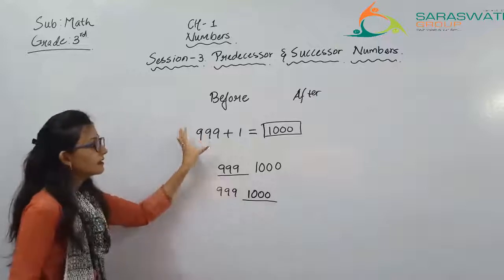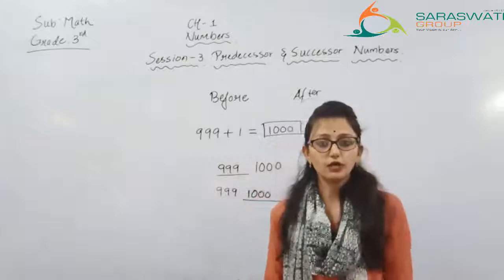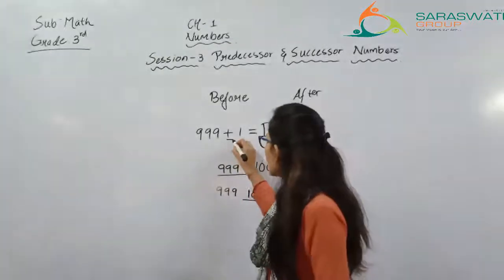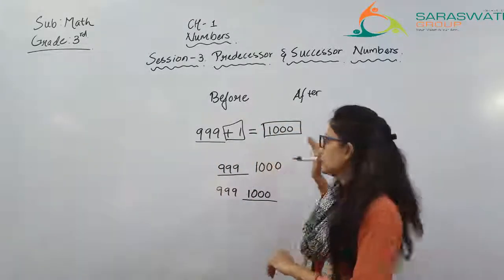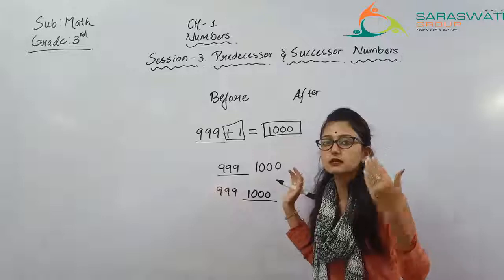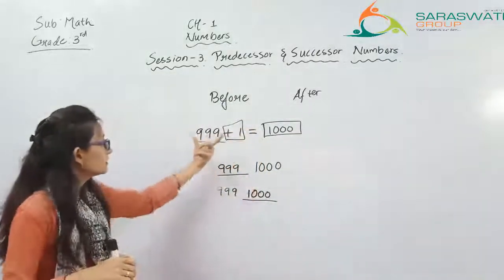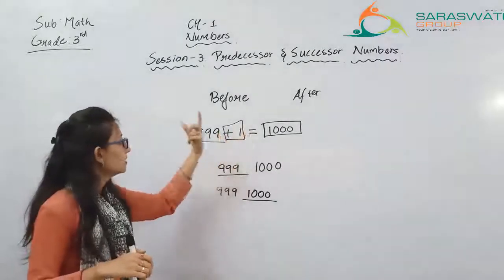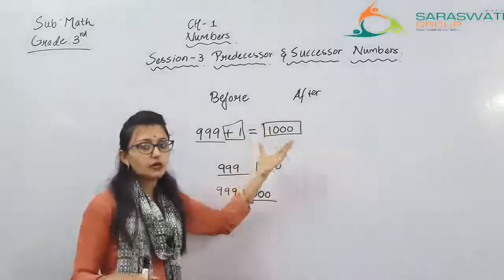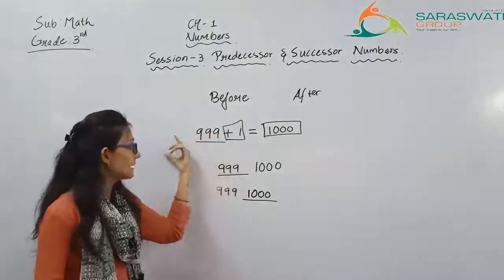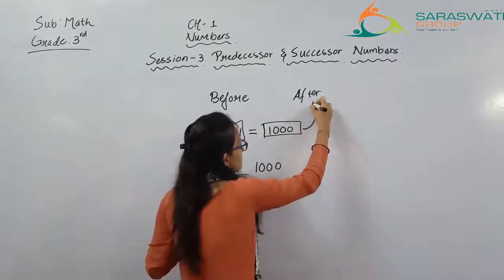By adding 1 to any number, we get its successor number. Here I am adding 1 to 999, and I get the successor number, which is 1000.